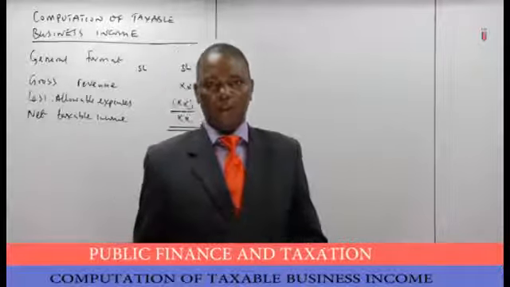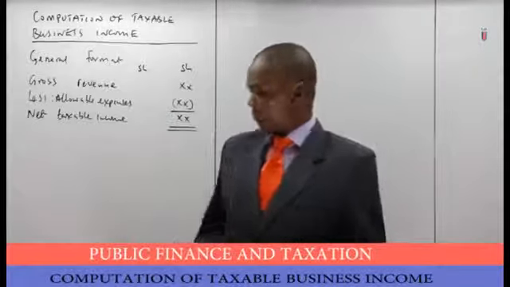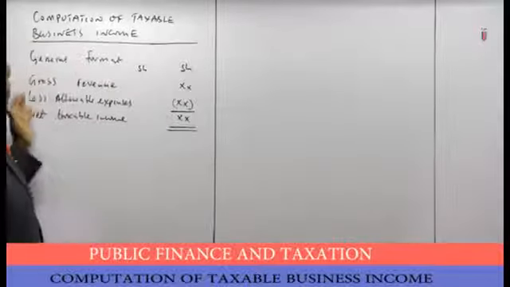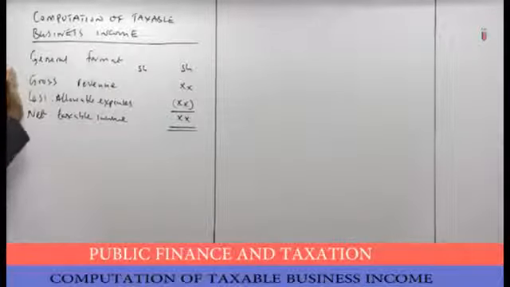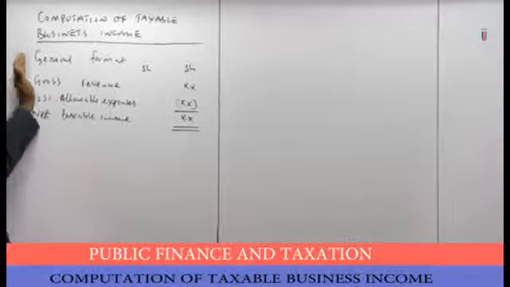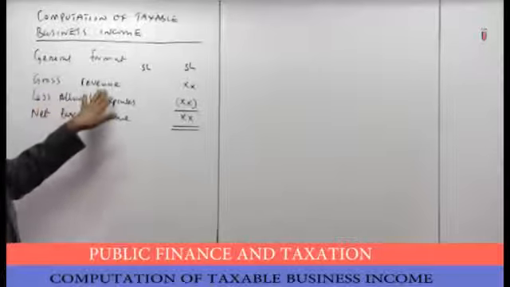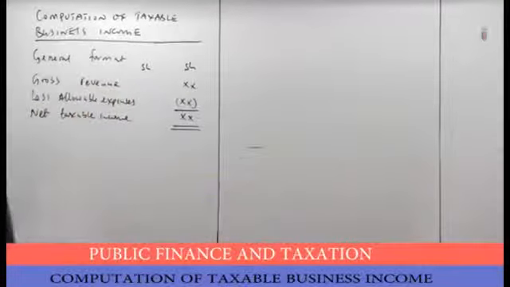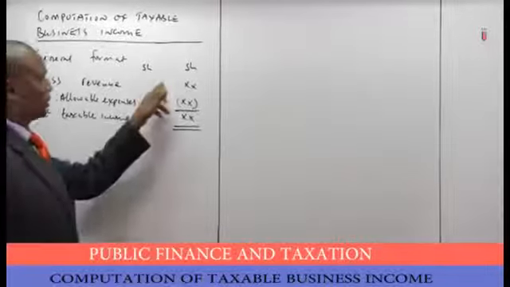Now, the general format of computing the taxable business income is indicated here. So here we have just a simple general format. In this general format, what I have brought out is the gross revenue. This gross revenue is the one from the business operations.